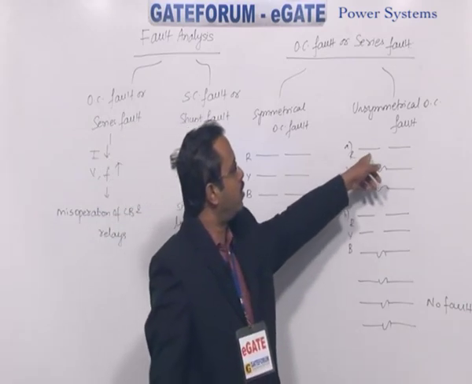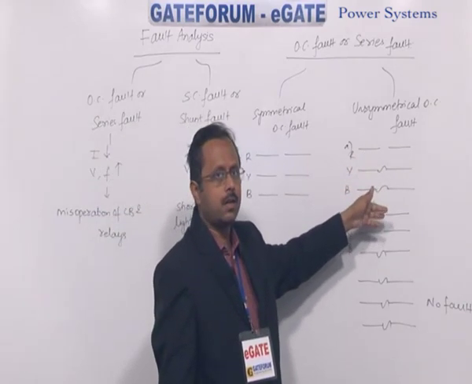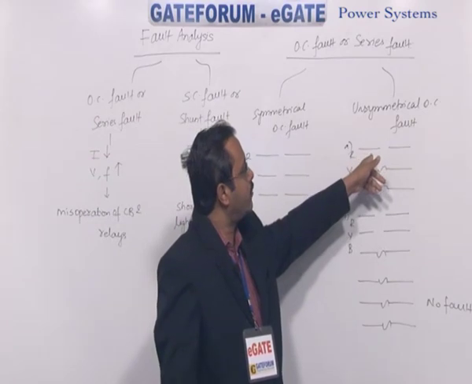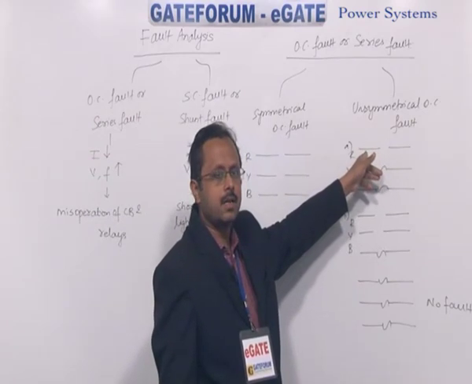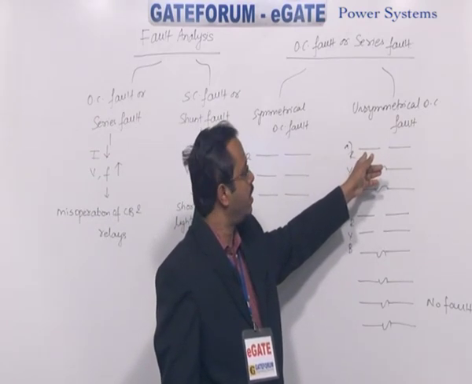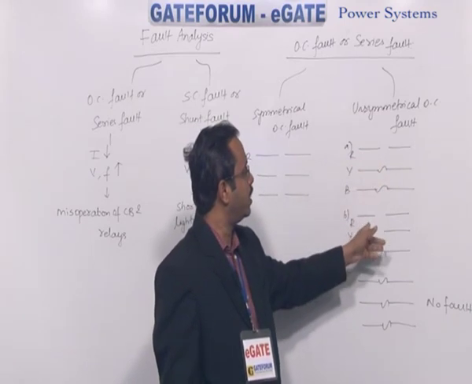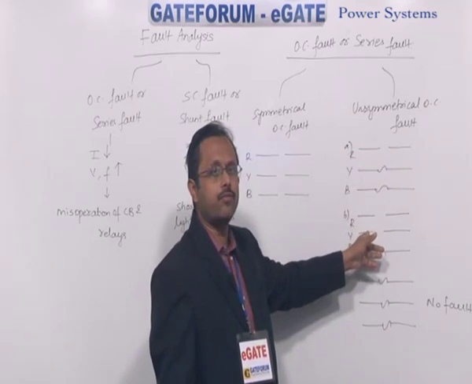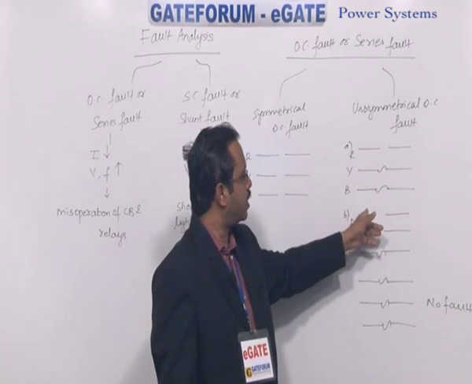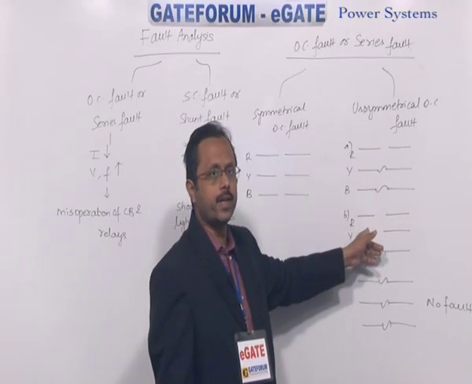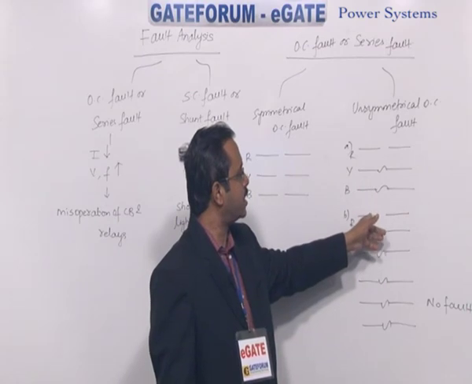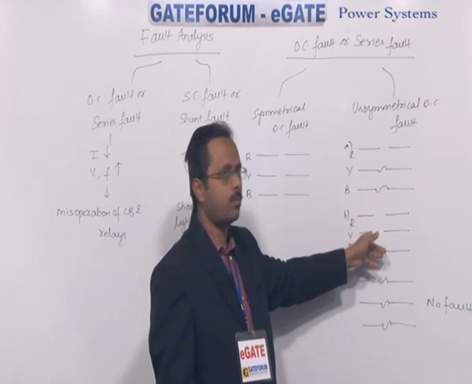So unsymmetrical open circuit fault: the fault involves here R phase, only one phase, and the fuse in R phase is blown out. Here unsymmetrical open circuit fault, because the fault involves only two phases. The fuses in R phase and Y phase are blown out.